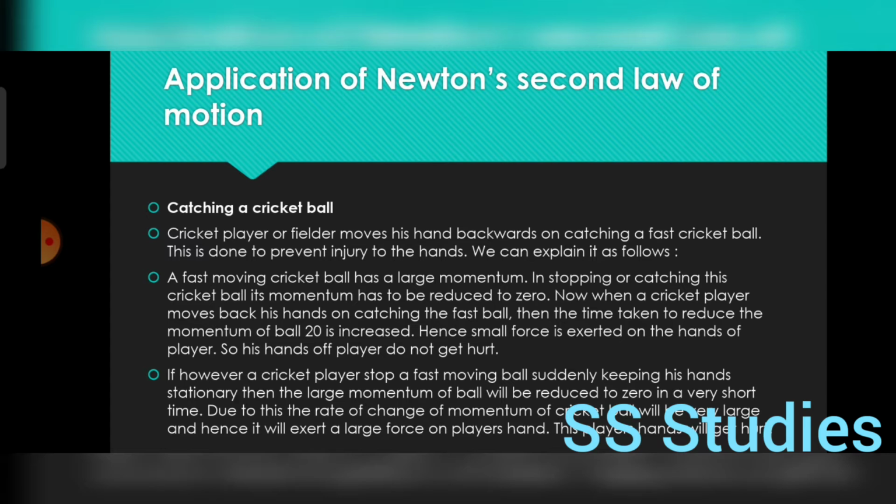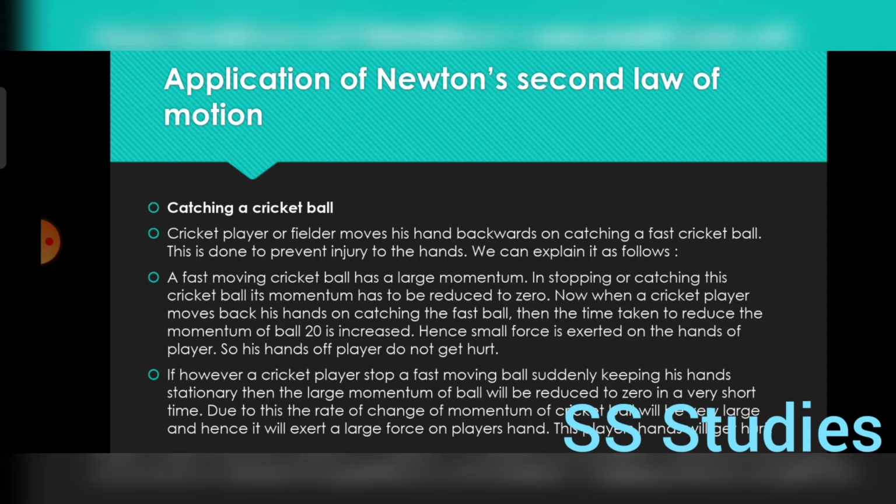In stopping or catching this ball, its momentum has to be reduced to zero slowly. When the player moves back his hands on catching the fast ball, the time to reduce the momentum of the ball is increased. Hence, a small force is exerted on the hands of the player, so his hands do not get hurt.